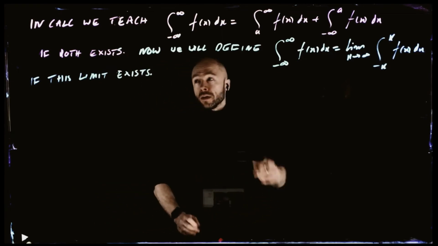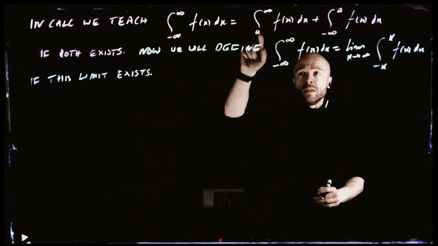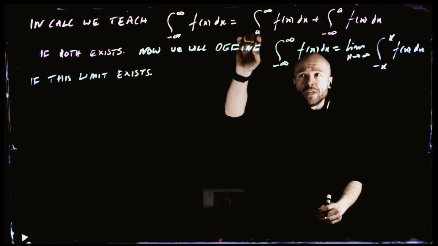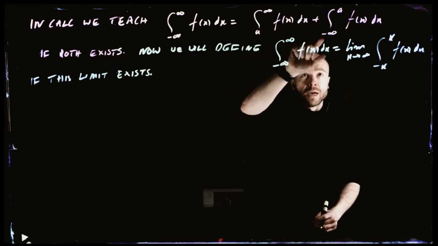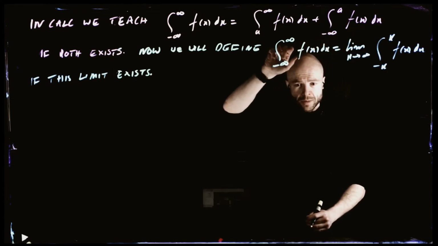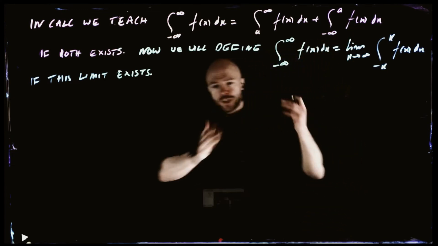In the calculus definition of this, we need this limit to exist: the limit as r goes to infinity of the integral from a to r, and also the limit as r goes to infinity of the integral from minus r to a of f of x. That's what we teach in this section, improper integrals in calc.